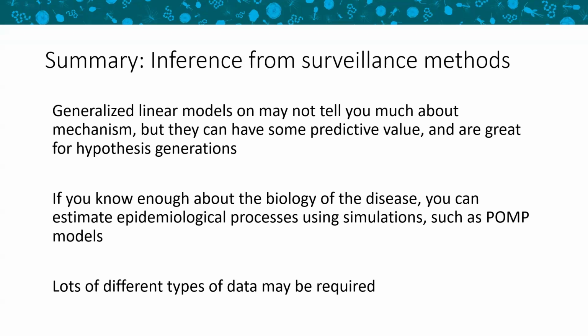The caveat is lots of different data types might be required, and it really requires talking to resource managers and oceanographers and various people to understand what's out there and really get an understanding of both the biology and the environment. So you are creating a model that makes sense given the knowledge there.